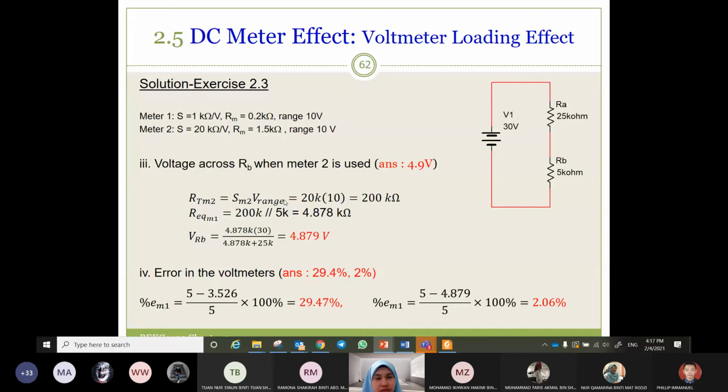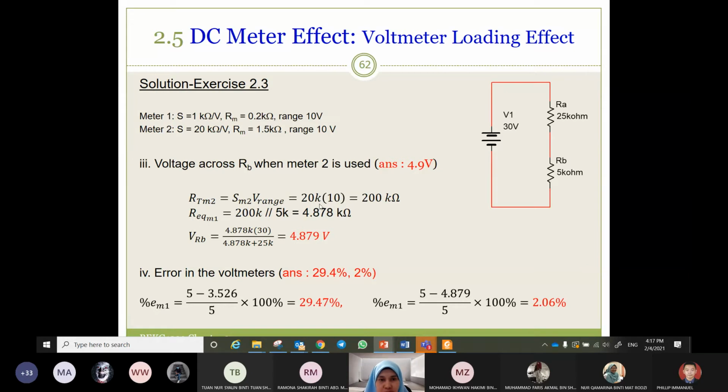The next voltmeter has a sensitivity of 20K. Now we ignore RM because the calculated R total, let's say 200K, includes RM and RS. R total of voltmeter 2 is equal to S times V range.